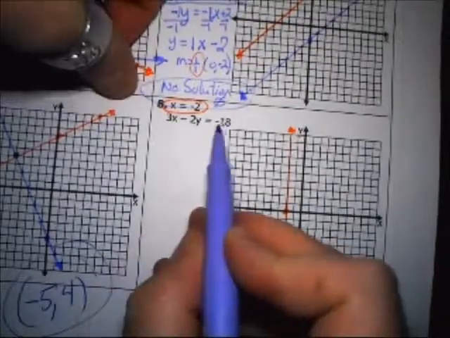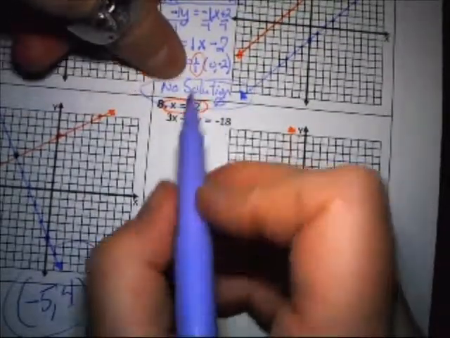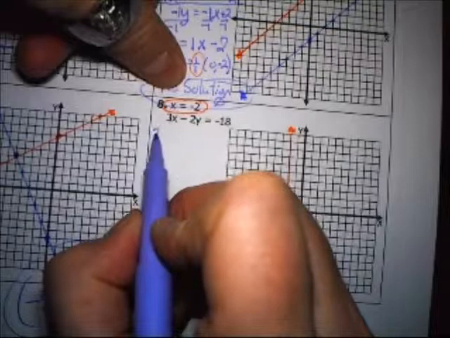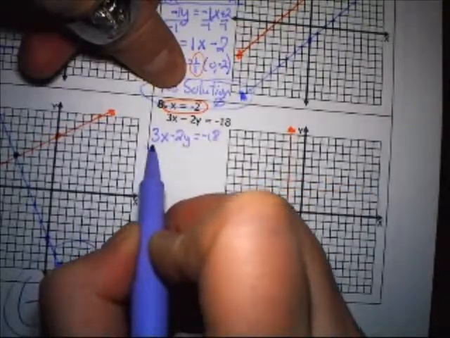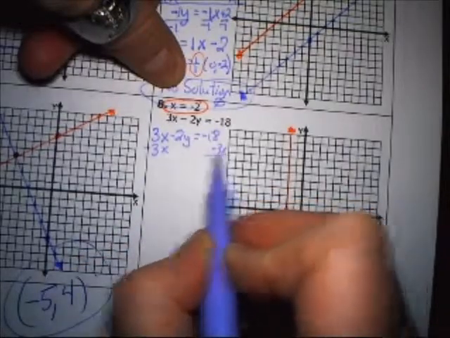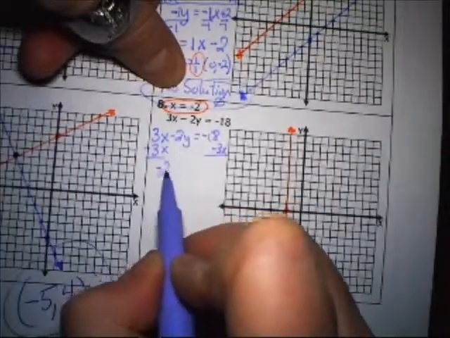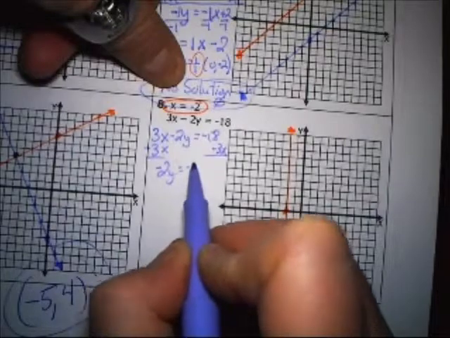The second equation, I've got a lot to do because this one's written in standard form. So when I write it, I have to first move the x by subtracting 3x, and that means the negative 2y drops down.